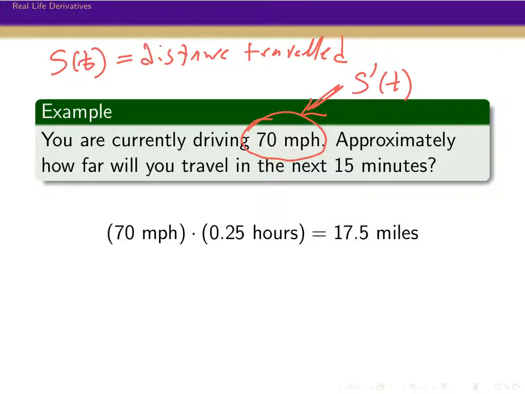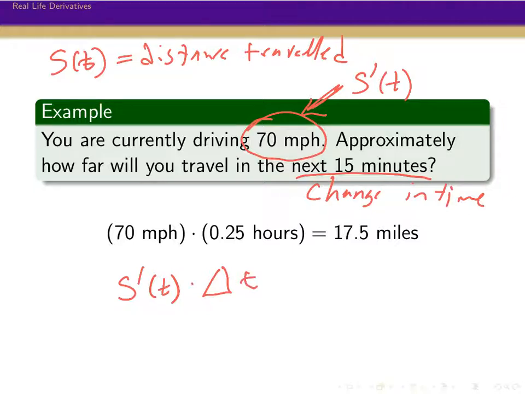So this 70 miles per hour right here is our s prime of t. We're talking about traveling the next 15 minutes. What's that talking about? Well, that's talking about a change in time. So that 0.25 of an hour is talking about change in time.